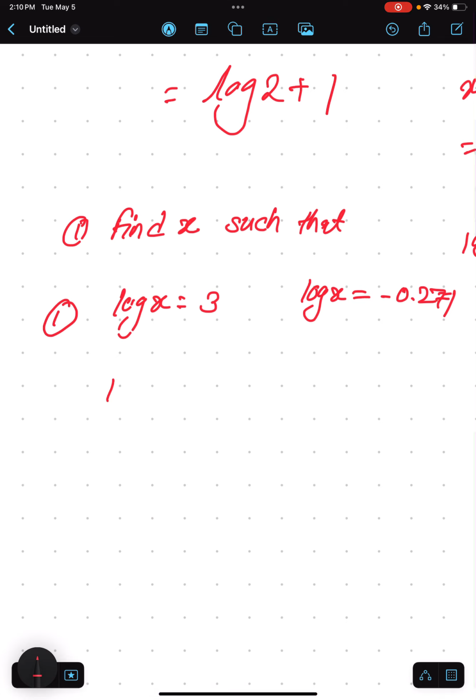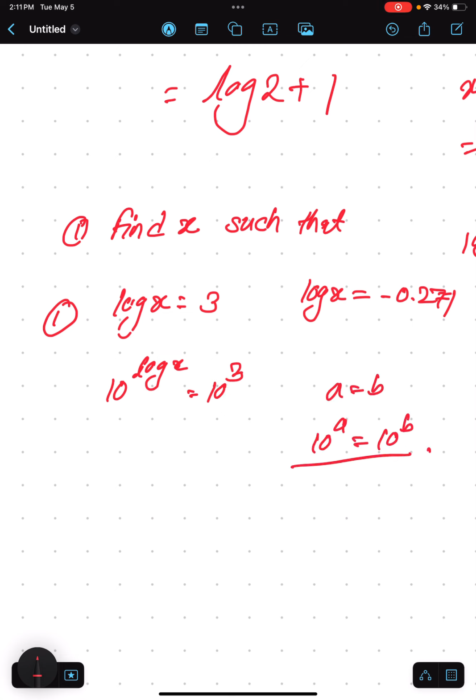Now just raise both sides to the power 10. Here also 10, right? Because if a is equals to b, then 10 to the power a is also equals to 10 to the power b. So using the same principle, I am raising both to the power 10, right?